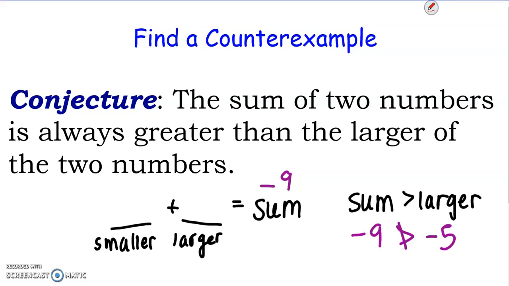Let's switch these around. -5 plus -4. -4 is larger. So -9, the sum, is not greater than our larger number, -4. So we found an example that proved our conjecture false. Right? It breaks our conjecture.